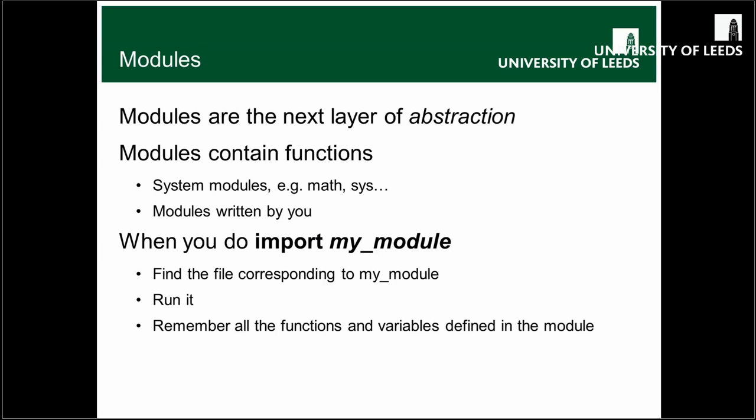So most of the time it's going to find mymodule.py and run it, and it's going to remember all the functions and all the variables that were defined inside that module. If you then import the module again, Python remembers it's already run it once and figured out where it was, so it doesn't rerun it a second or third time. It runs through it the first time, but after that, if you import it lots of times, it says, okay, now I know all about this.